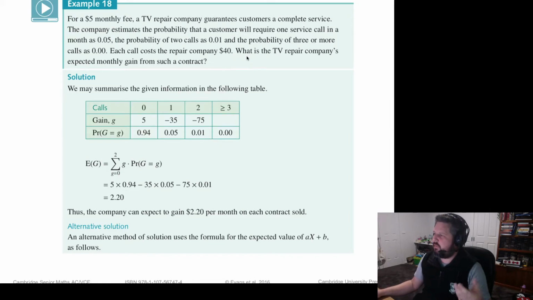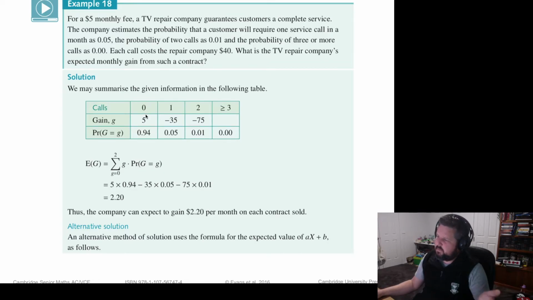So if you were asked to find the TV repair company's expected monthly gain from such a contract, the expected gain is, again, you're summing the product of each of these together, so multiplying these together. We're only going to add them up to and including the 2 here, because there's nothing else past 2.